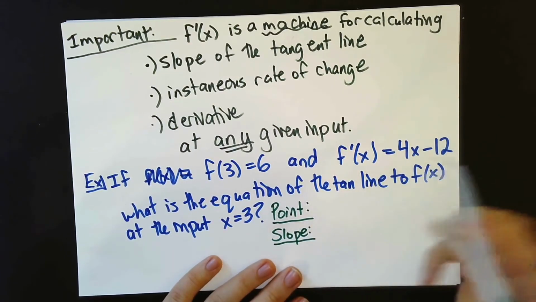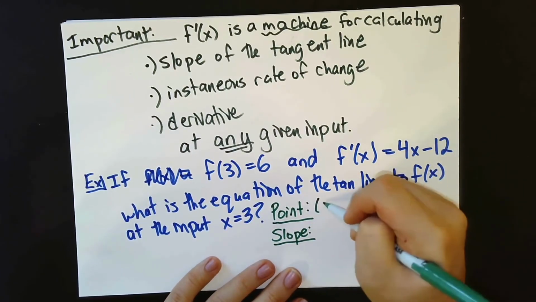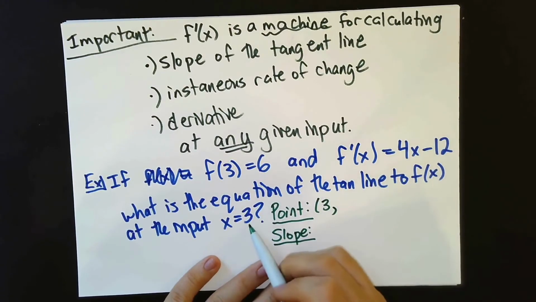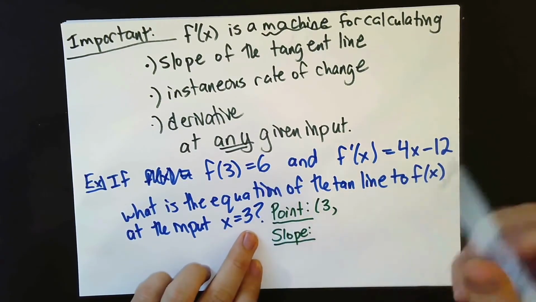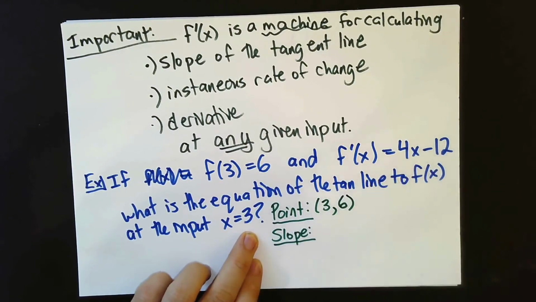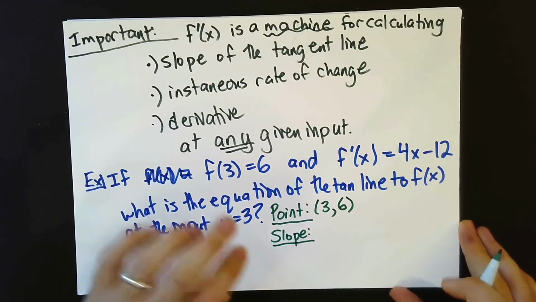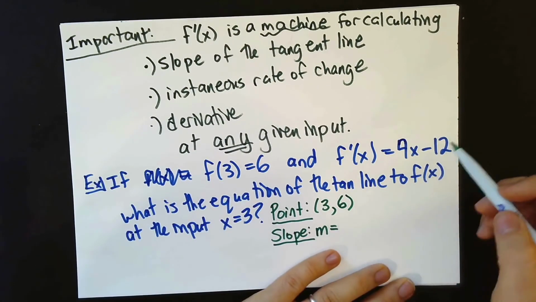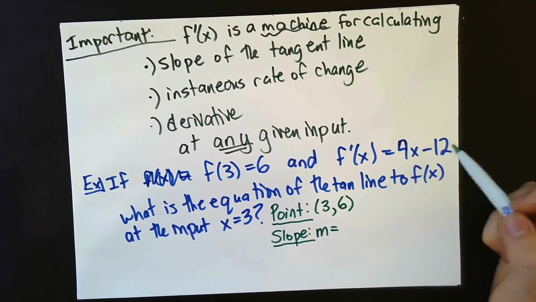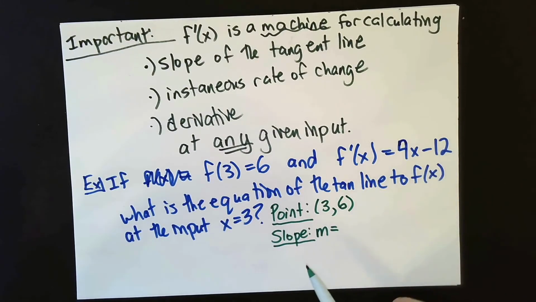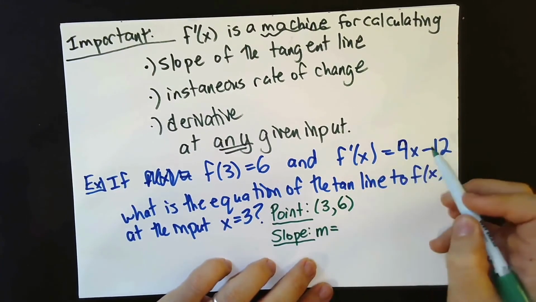The point, well, the input is 3, and conveniently that's exactly the one output we know. So this is 3 comma 6. And this formula for the derivative tells me the slope. But it's not the case that this is the slope.